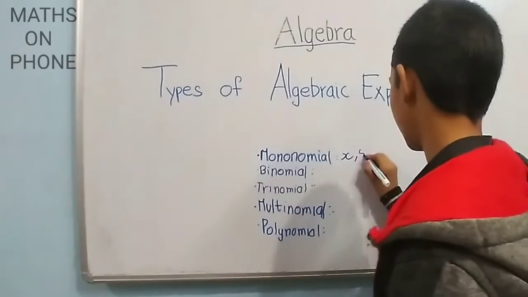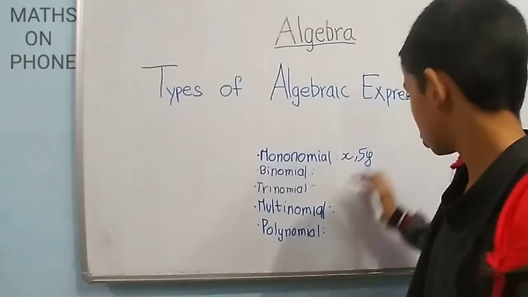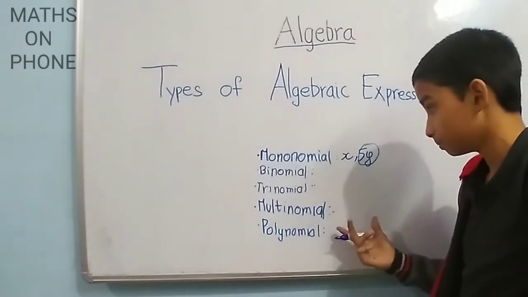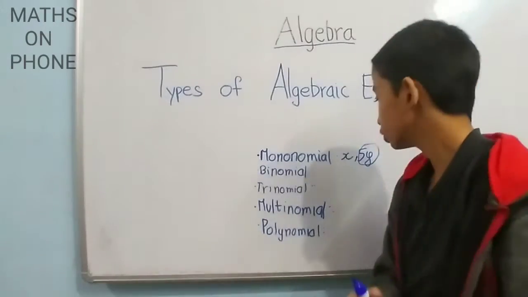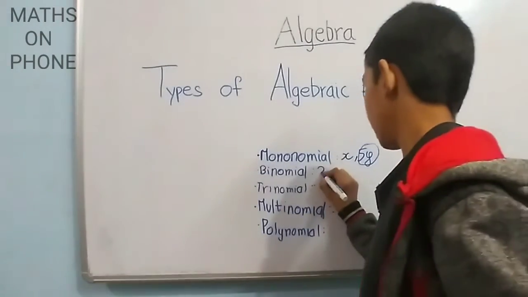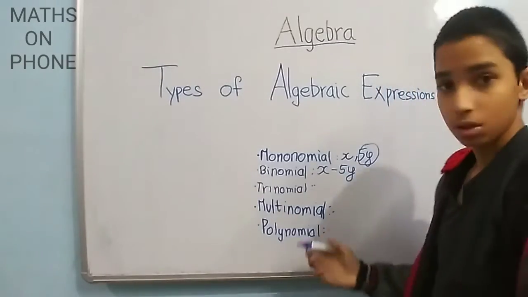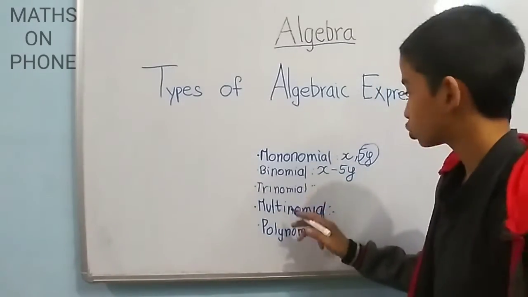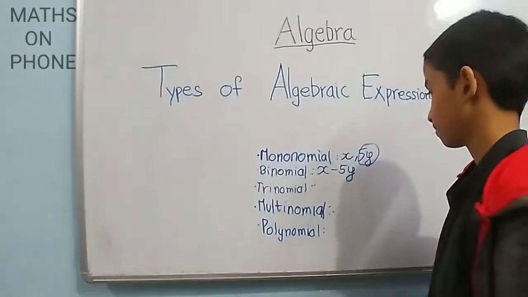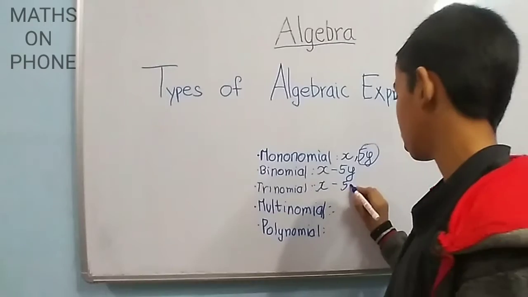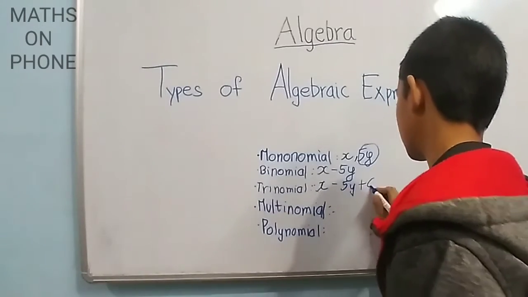Or 5y, also a single term. Now we will go to binomial. Binomial has two terms, x minus 5y. Same, trinomial has three terms, for example, x minus 5y plus 6z.